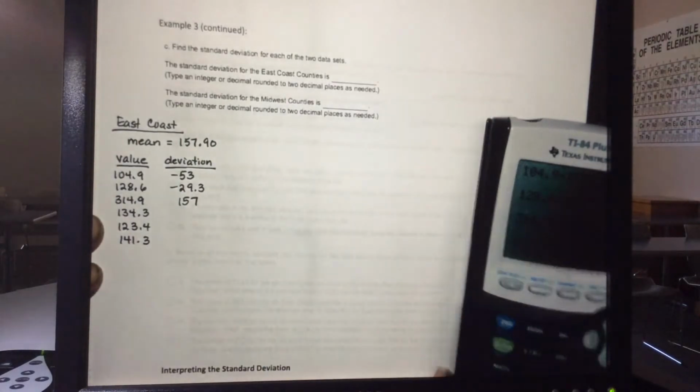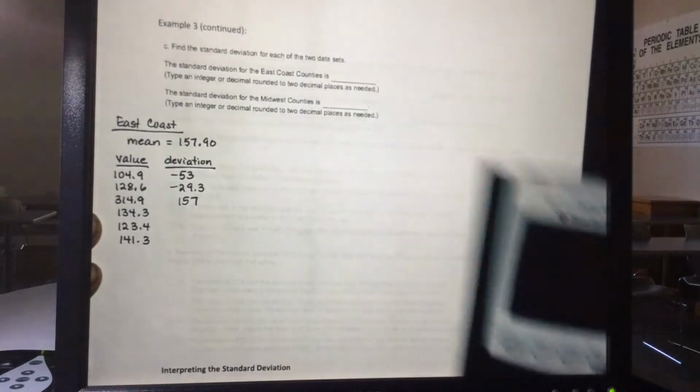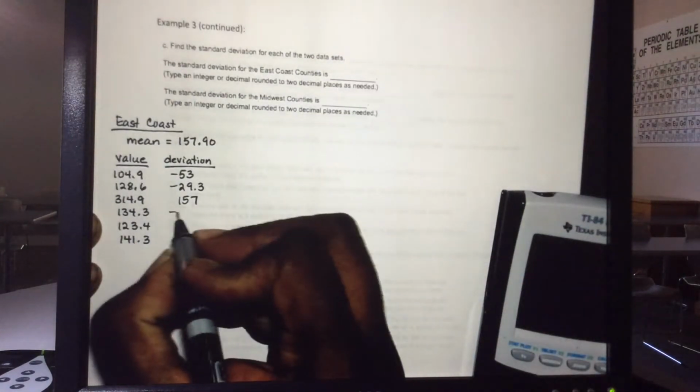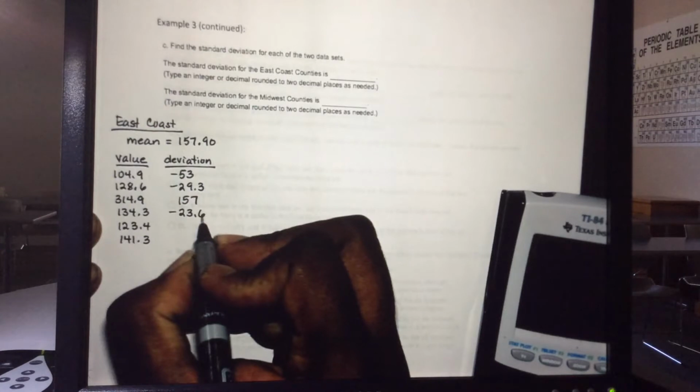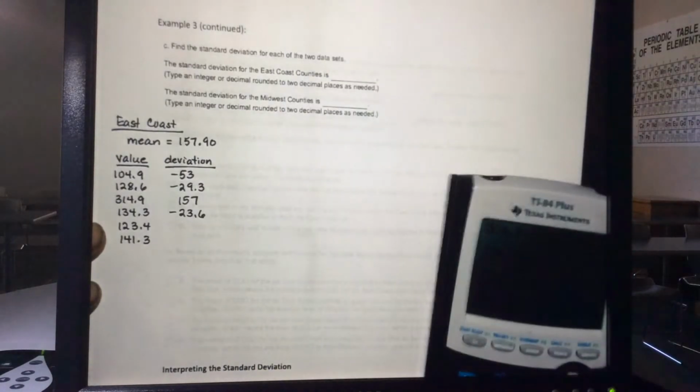Then 134.3 minus 157.9 will be negative 23.6. Then 123.4 minus 157.9 would be negative 34.5.